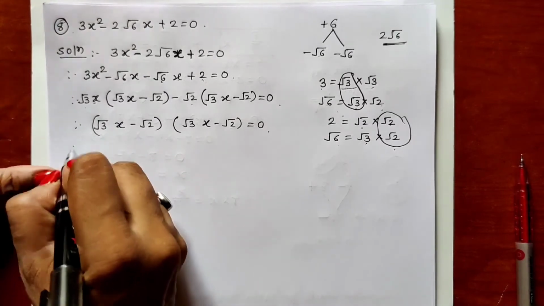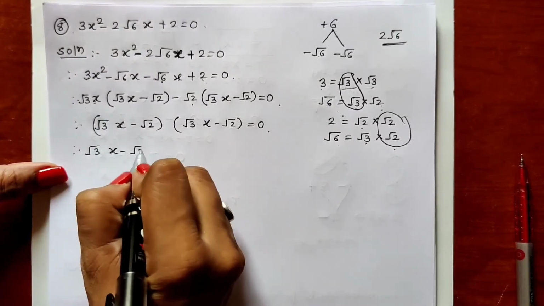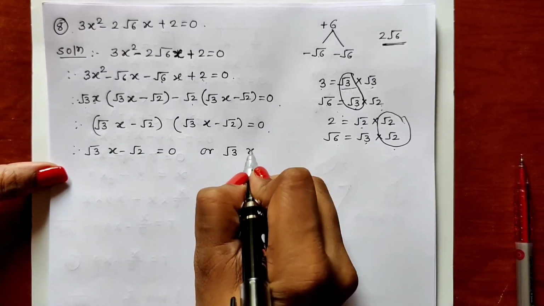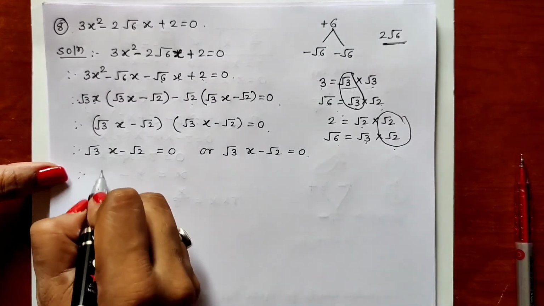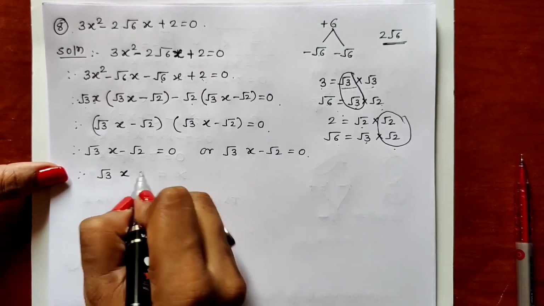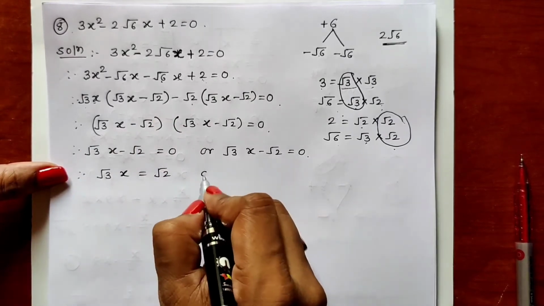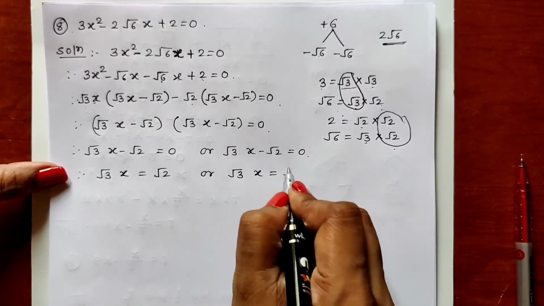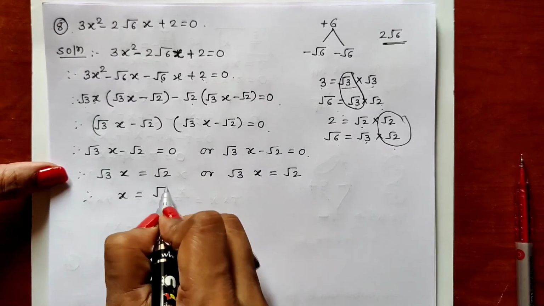So therefore either this bracket root 3x minus root 2 is equal to 0, or this bracket root 3x minus root 2 is equal to 0, and therefore root 3x is equal to plus root 2. This minus root 2 transfer, it becomes plus root 2. Same thing we will have to do here.